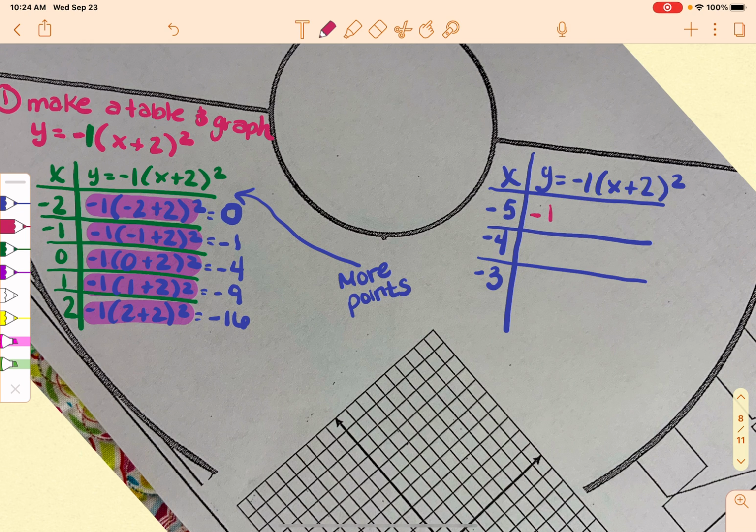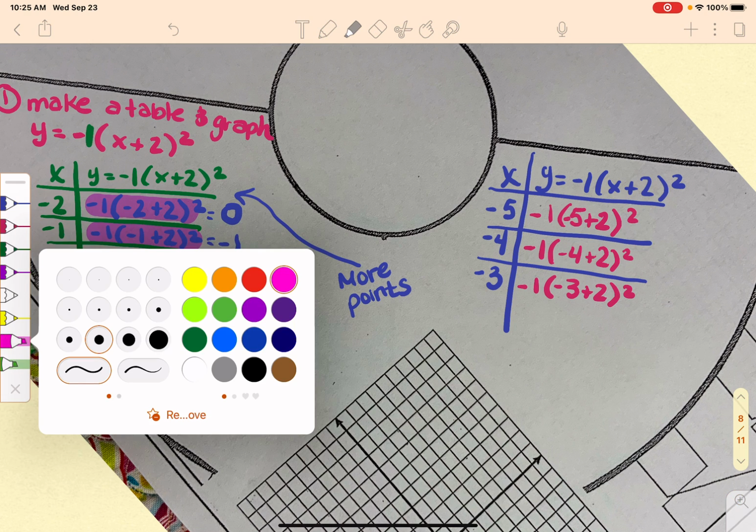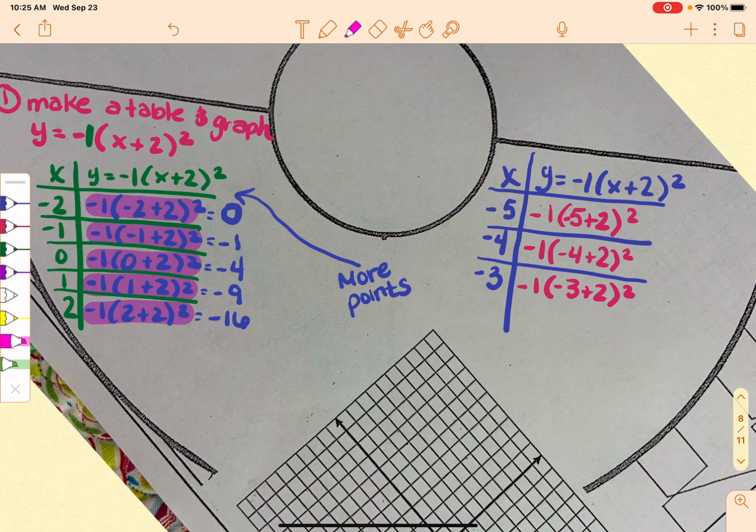So let's see, -1 times -5 plus 2 squared, -1 and -4 plus 2 squared, and -1 times -3 plus 2 squared. And then just like we said before, I'm going to take these and plug them in my calculator.